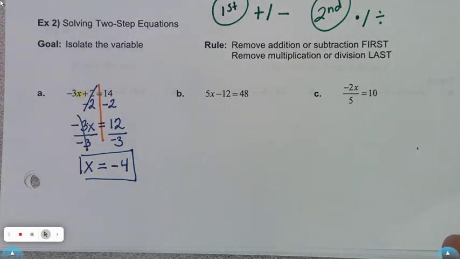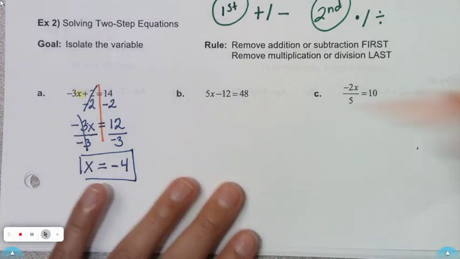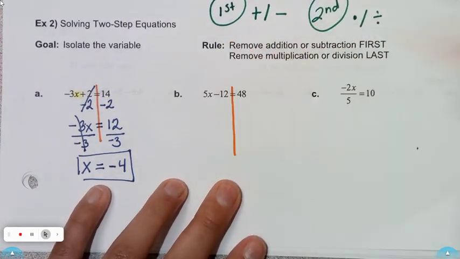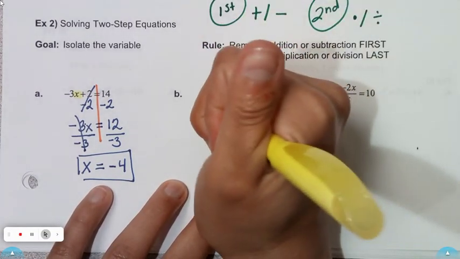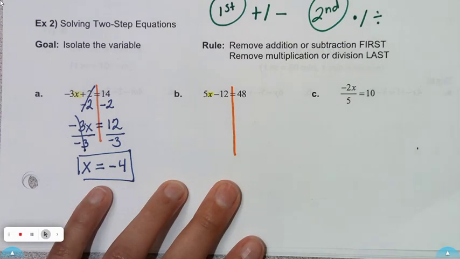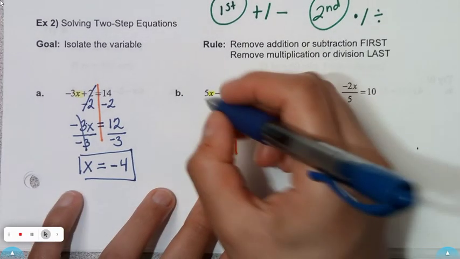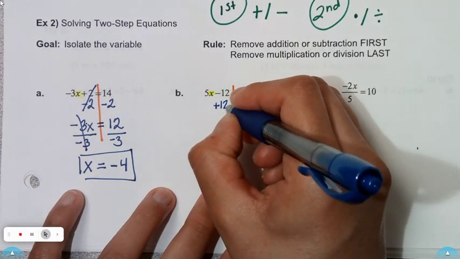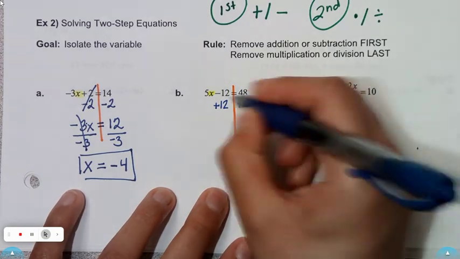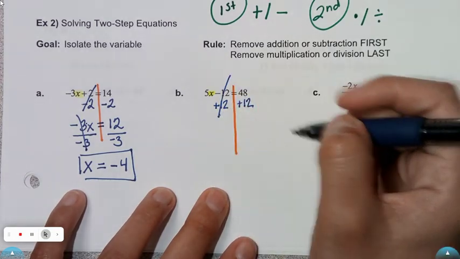All right, perfect. Let's try letter B. All right, for letter B, I'm going to draw my line through my equal sign. I'm going to identify my variable. The opposite of -12 is +12. These 12's cancel each other out.